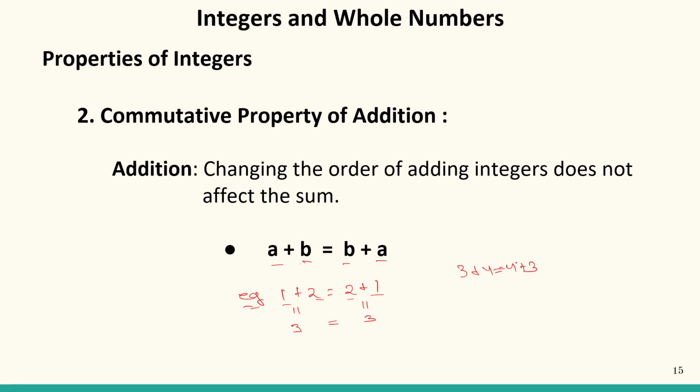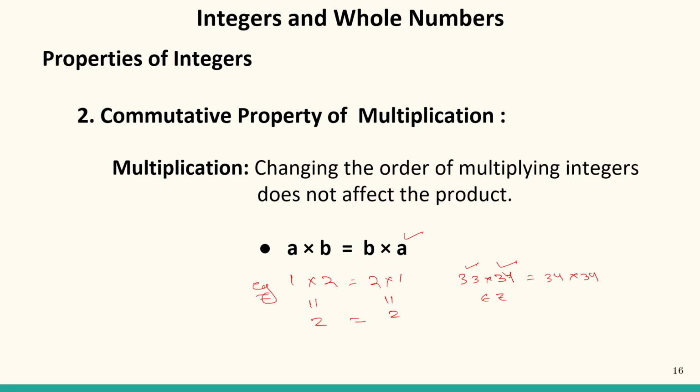So the multiplicative counterpart for the commutative property tells us that if we multiply two integers, a into b, and we multiply b into a, they are nothing but the same. They are nothing different, they are the same.